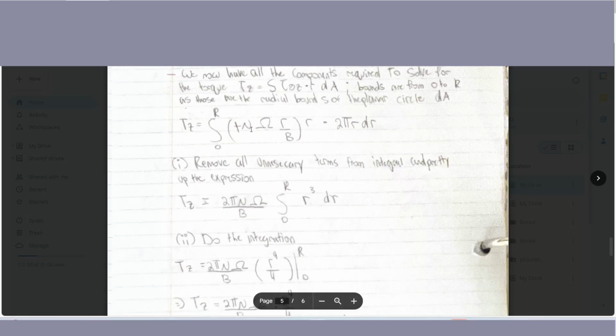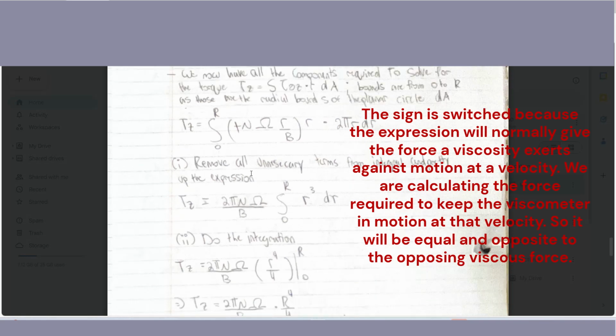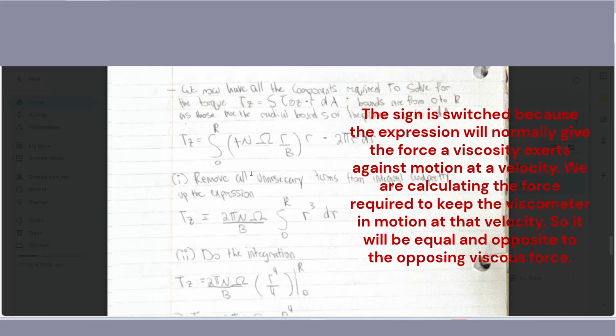Not exactly sure why this is positive. A negative force is basically the same as a positive force, just in the other direction. Remove all unnecessary terms from the integral.